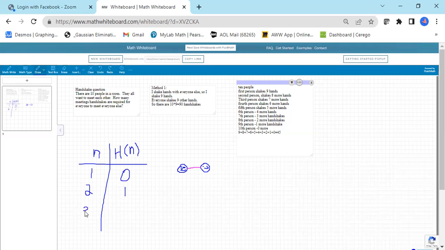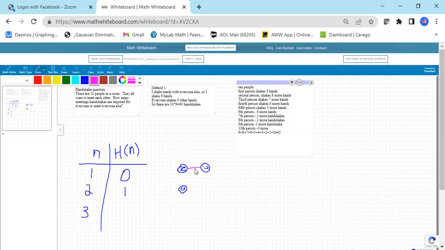Now a 3rd person comes along. A 3rd person wants to meet everybody. Hello, here I am. Meet everybody. So the other 2 have already met.